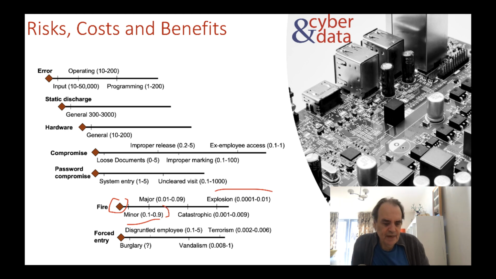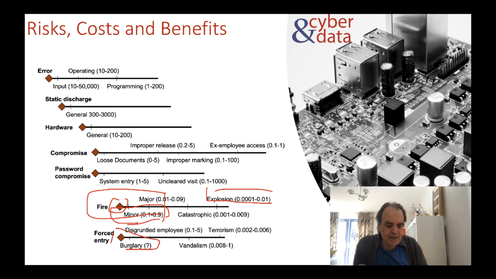You can see here the minor fire could be quite probable inside our organisation, but something like an explosion or a catastrophe, then that's highly unlikely. So it's probable that we will try to make mitigation against a minor or a major fire, such as fitting fire suppressants and so on. But when it comes to an explosion, it might be difficult to be able to mitigate against that.